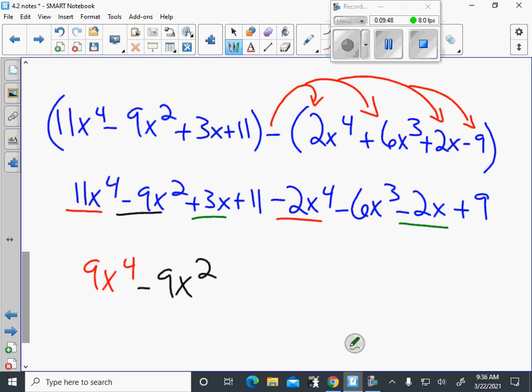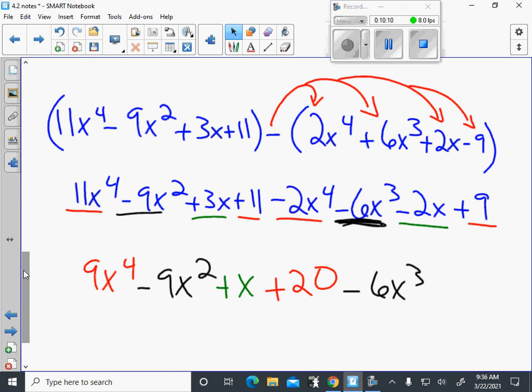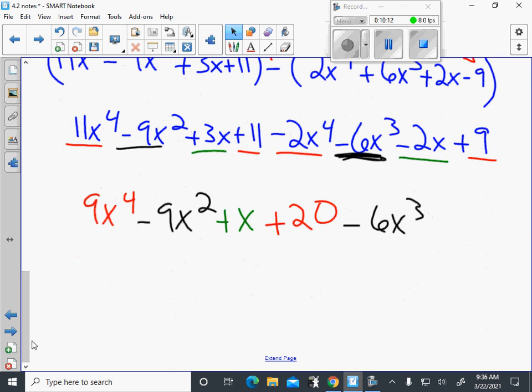What does that become? That becomes a positive x. And then we have 11, and a positive 9 becomes a 20. But we still have one thing, that is this negative 6x to the third. That's just going to fall down. Okay? Cannot forget about that minus 6x to the third.